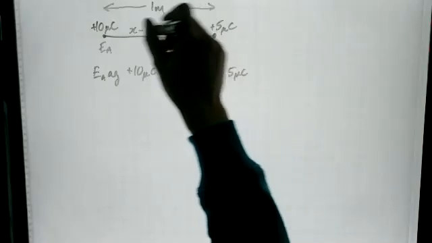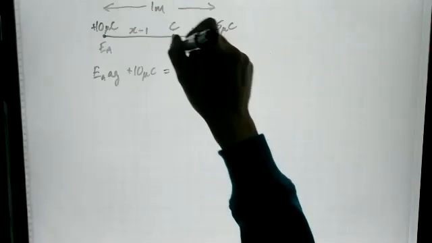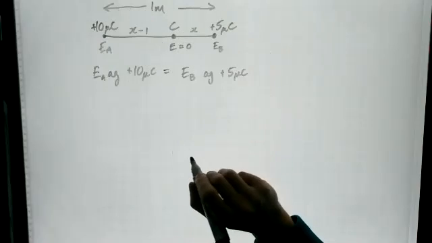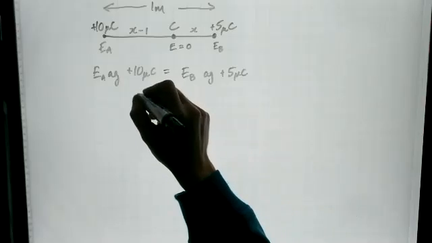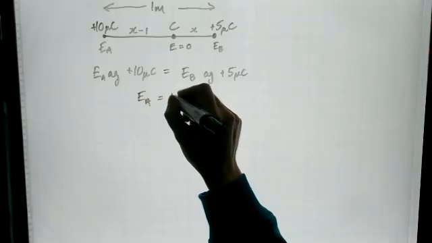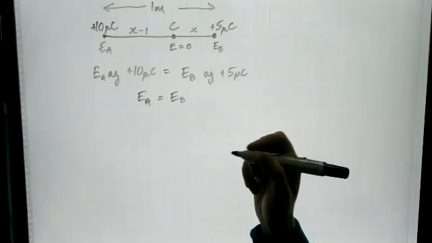Because the fields are in opposite directions and both charges are positive, we subtract, and then we get 0. So EA equals EB. It is just a matter of using the formula.